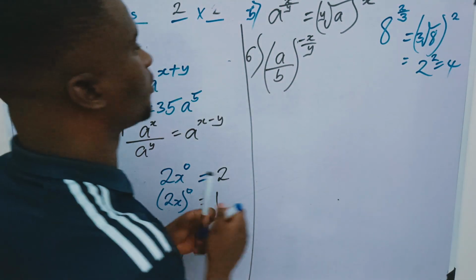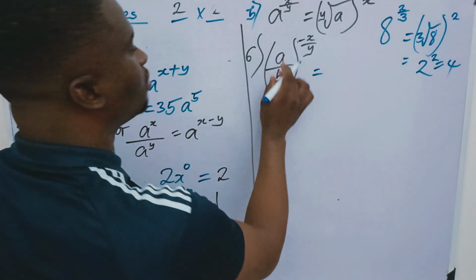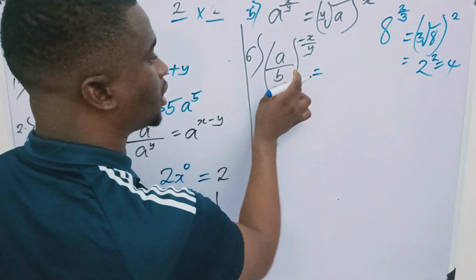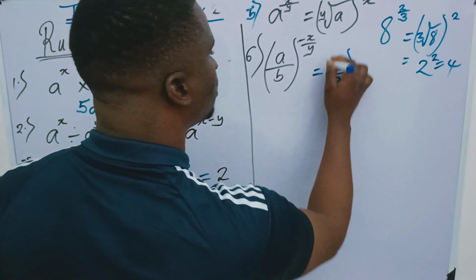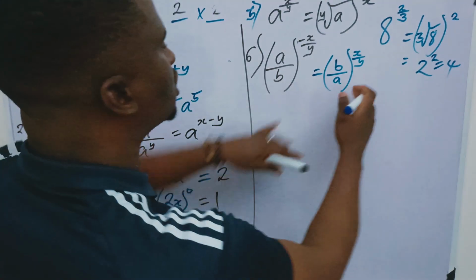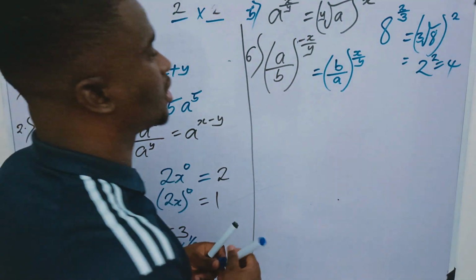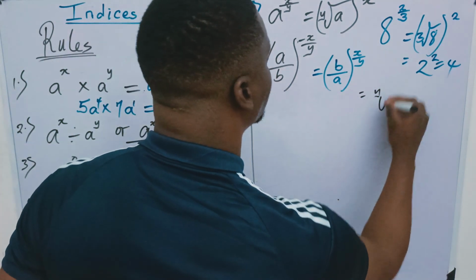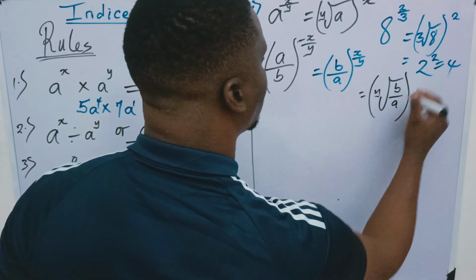In this case, what you simply do is eliminate the negative, but then you have to take b up and a down. So that would give us b over a raised to the power of x over y. And if you link this up to what I said here, you can further express that as the y root of b over a, raised to the power of x.